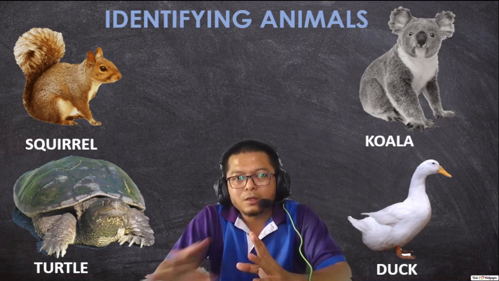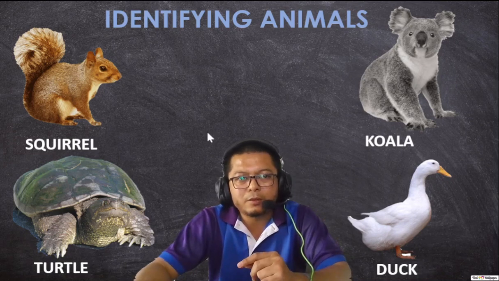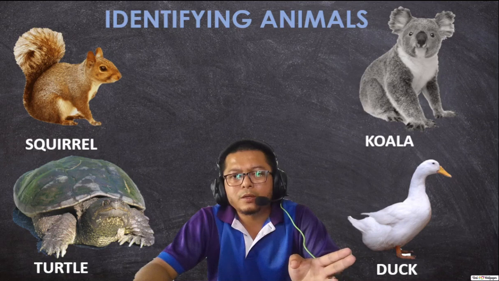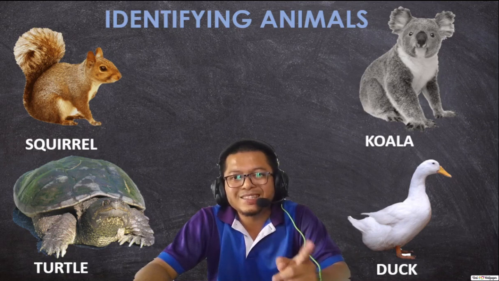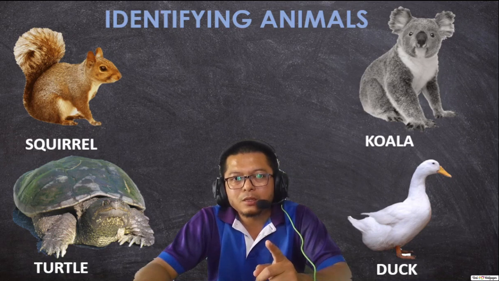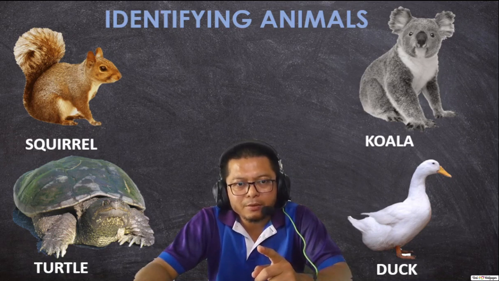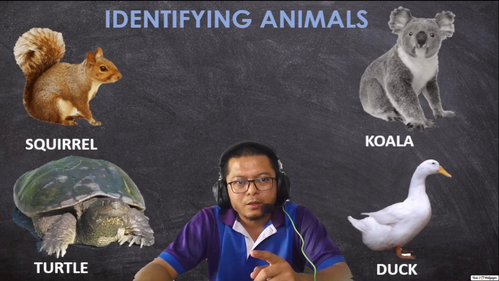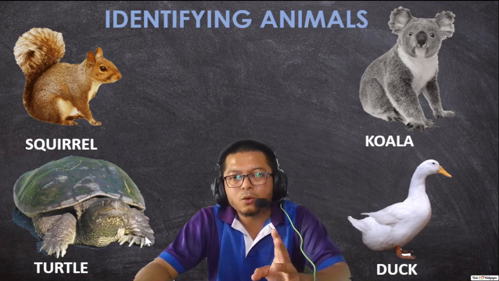The turtle here, if you can see, is called a turtle, and the one in the sea is called sea turtle. The one from the sea is called sea turtle. It doesn't really have these types of legs. It's different, but it's also called a turtle.